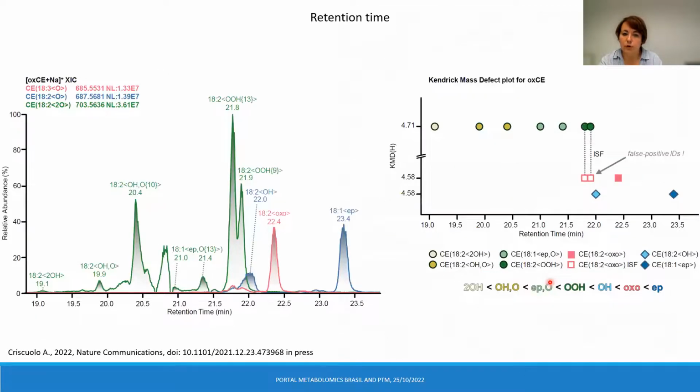annotations are correct. Moreover, retention time information can be used in a way that we are not focused that much on the absolute value of the retention time, but rather on the elution order. This is a very nice example of a separation of different forms of oxidized cholesterol esters, where we have the same ion with the same mass corresponding to different isoforms, depending on how a particular molecule was oxidized.